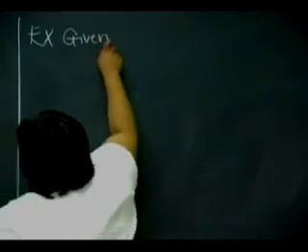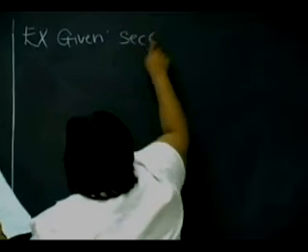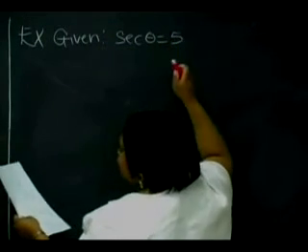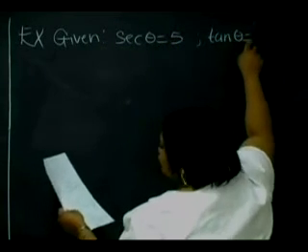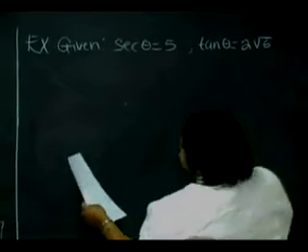All right, let's go back to our next example. Suppose we're given secant now. Same directions, but we are given secant theta equals 5 and tangent theta equals 2 square root of 6.